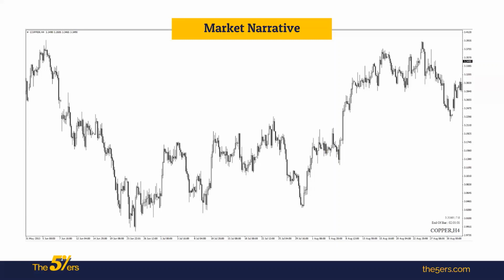So let's see how we actually plot the supply and demand zones. We're looking for a decision point. Where is that price level where the market had no way to fulfill the demand or the supply?